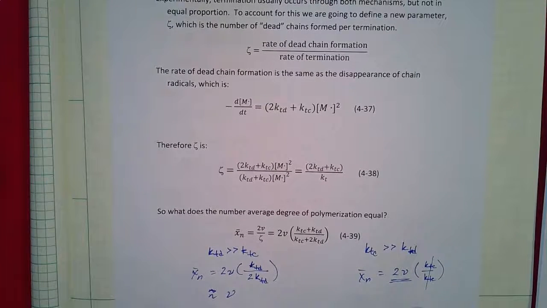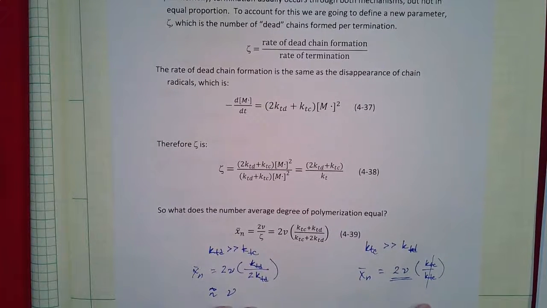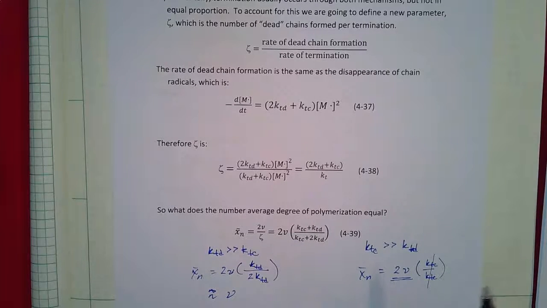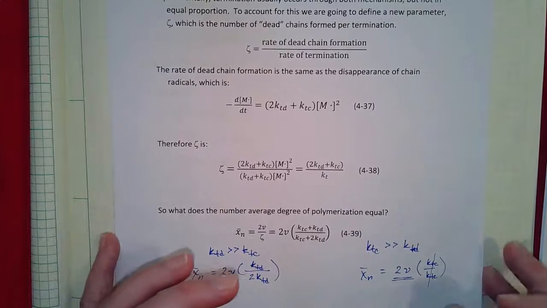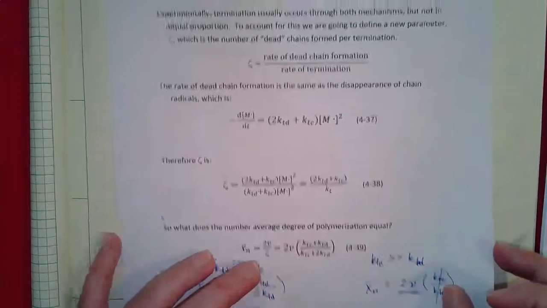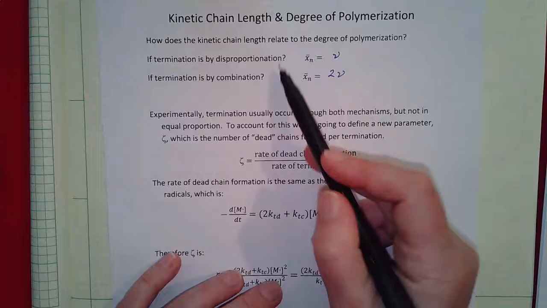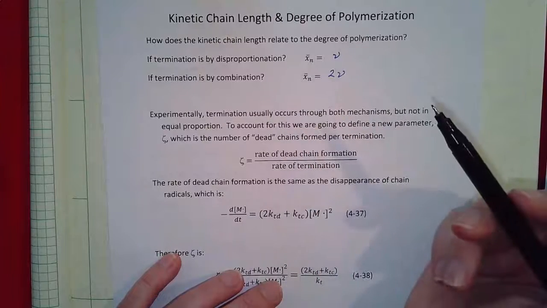And again, this is really useful because often what we want to know is our initial rate of polymerization, which is equal to our initial rate of propagation, and what's the initial chain length. So we use the kinetic chain length to determine our initial number average degree of polymerization, and those relationships are right here for free radical polymerization.